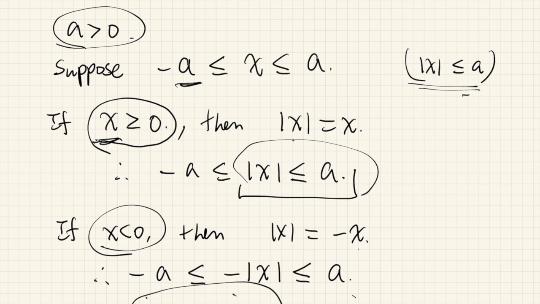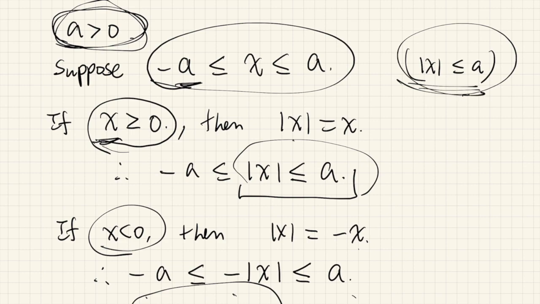For any real numbers a and x, with a being positive, if this is true, then this is true. That's the beauty of this general proof. So in summary, if you want to prove some general properties of real numbers, you can only rely on the general properties of real numbers. In this case, it's just positive or negative or zero. And we're done.